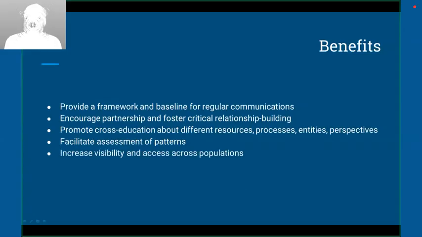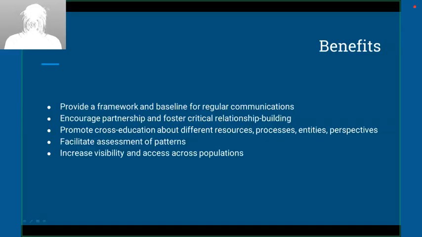And then finally, this can help increase visibility for all of these entities and increase access across populations. It can be helpful for students to see that the Title IX office and law enforcement are allies and work together and cooperate, and aren't wanting students to pick one or the other in some unhealthy way, and to see that there's a healthy interaction and collaboration between the student conduct office and a Title IX office and a law enforcement office, or whatever it might be.